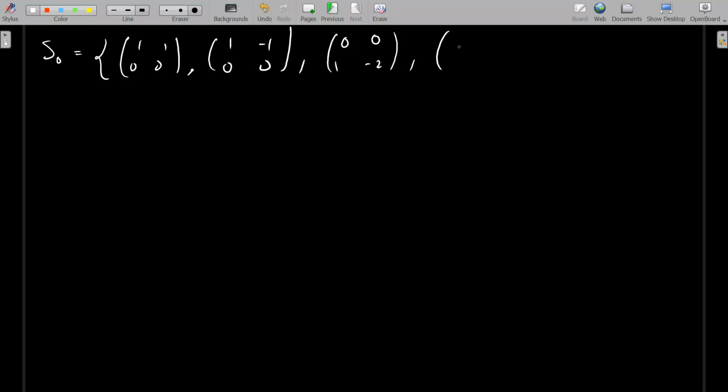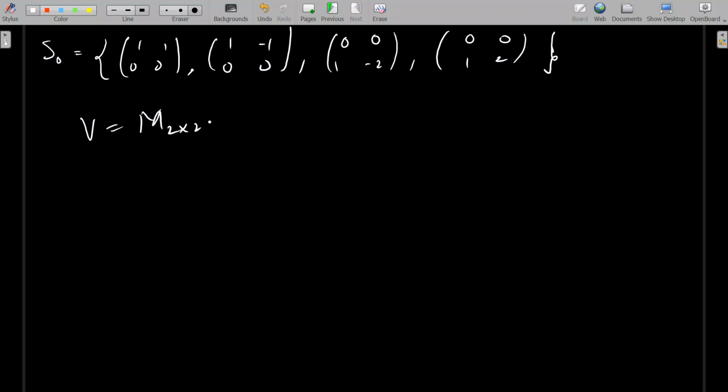You want to show that this other set, 1, 1, 0, 0, and then 1, -1, 0, 0, 0, 0, 1, -2, and then 0, 0, 1, 2, is also a basis for the vector space V equals M2 by 2 matrices.